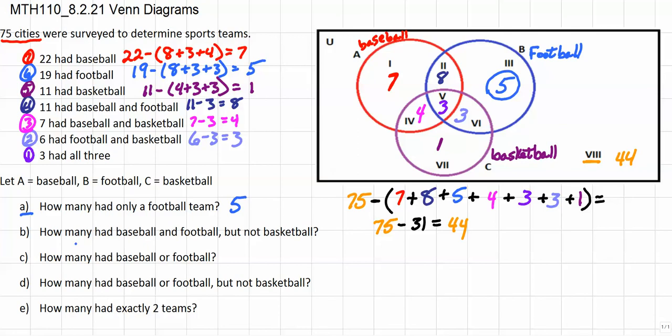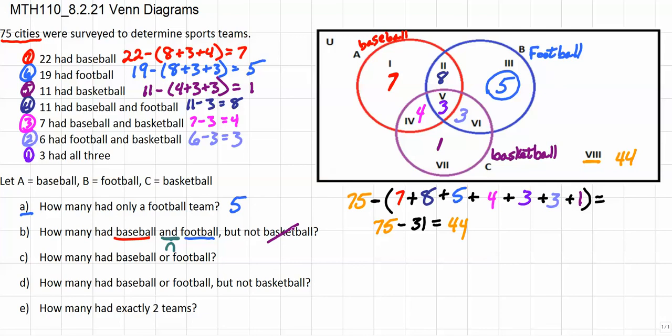Part B is going to be how many had baseball and football but not basketball. Now, the key to this is going to be looking at the "and", because that's an intersection. It's going to look like this. So we want to have baseball and we want to have football, but we're not going to have basketball.